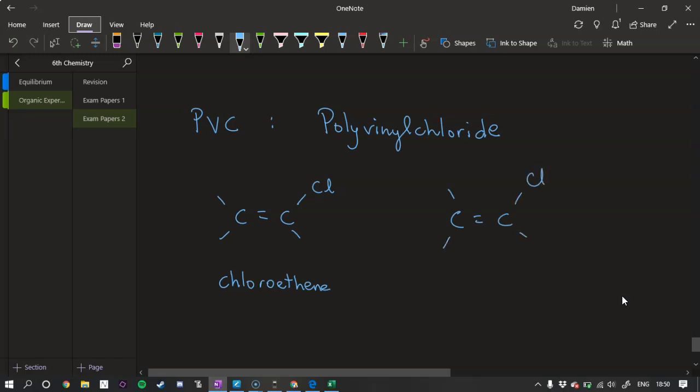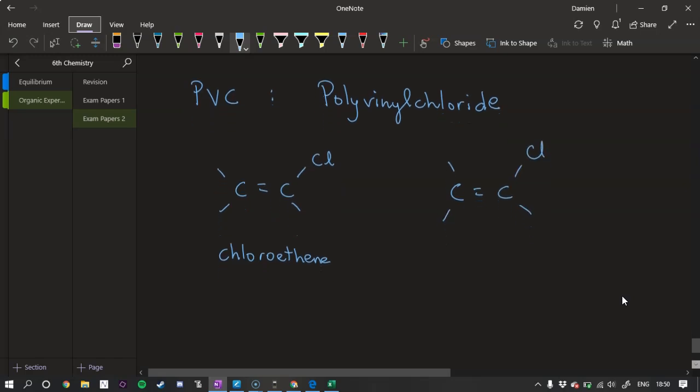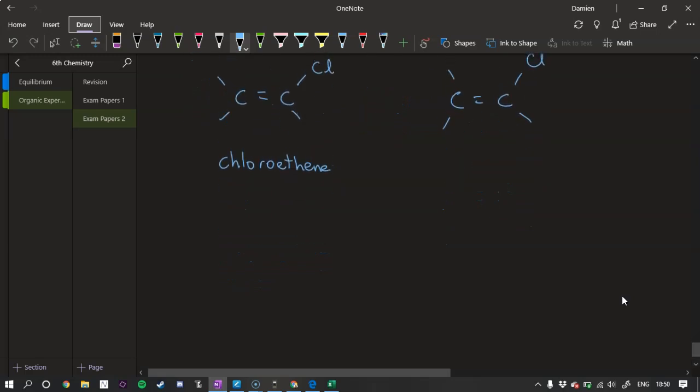And what ends up happening is the double bonds break. And when the double bonds break, you end up with a situation where you have this. All these molecules joining together. So this is the first molecule. So this is hydrogen, hydrogen, hydrogen. This one here is chlorine.